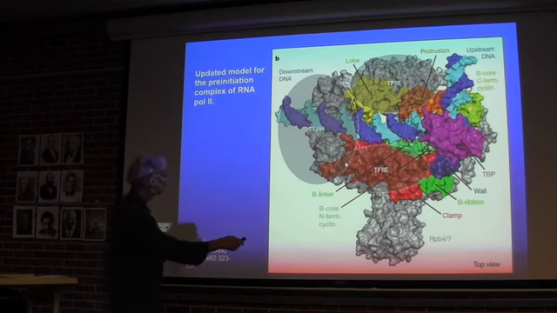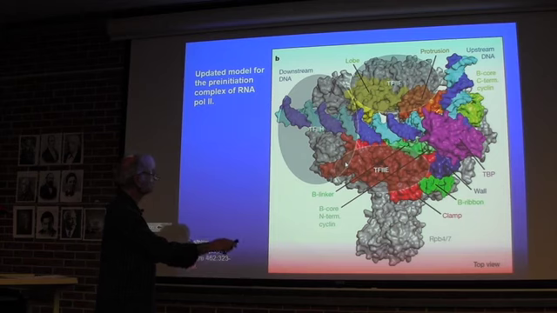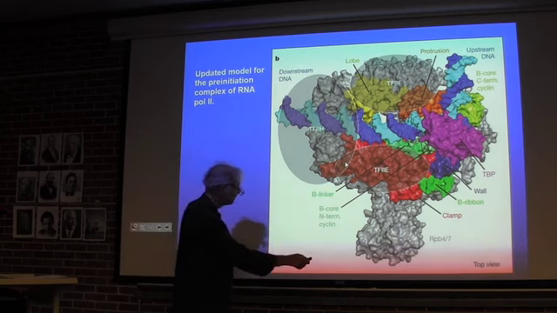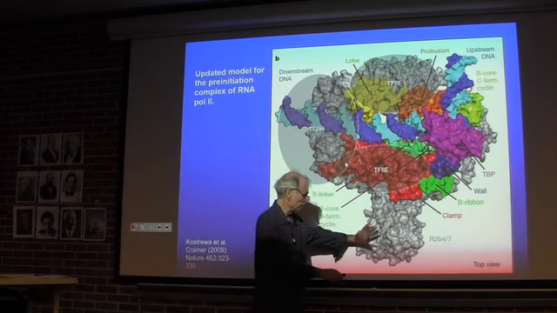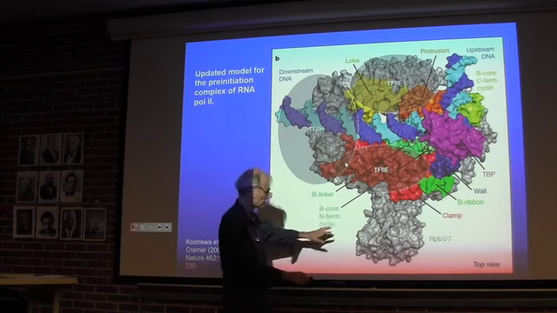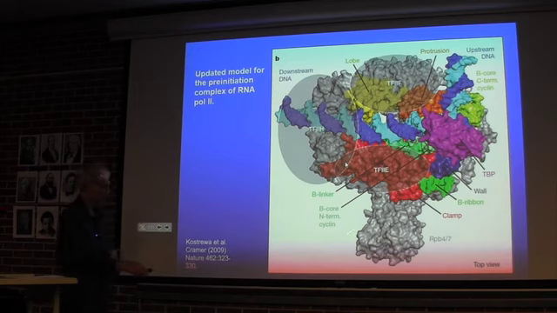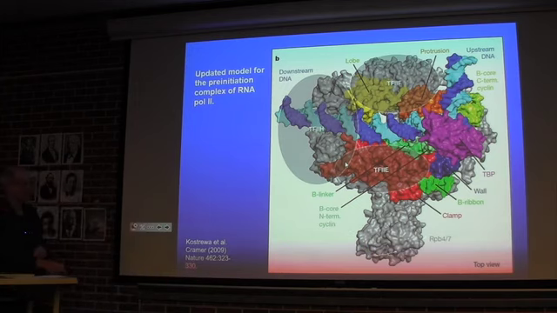Here you see the two shades of blue being the DNA, TBP, F, H, E, B, and RNA polymerase subunits 4 and 7. They play an important role with interaction with somebody who's not here.